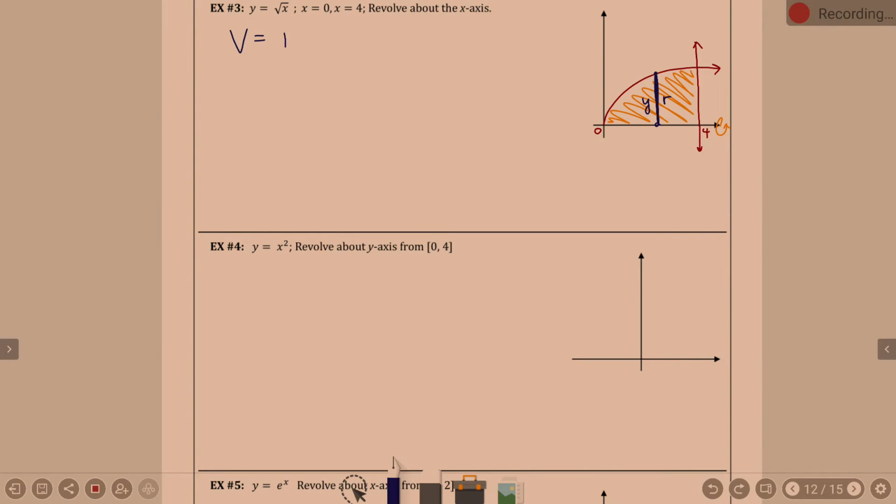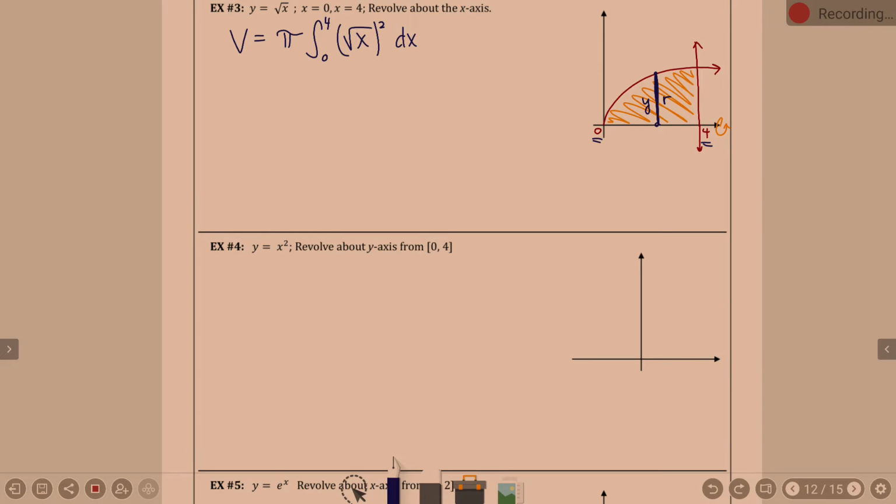Pi, integral, 0 to 4, because we are working in terms of x's, and those are my x boundaries. Then what? I'm going to write it as square root of x squared for the moment, just because we're beginners. These are our notes. But I'm not disagreeing with x, right?